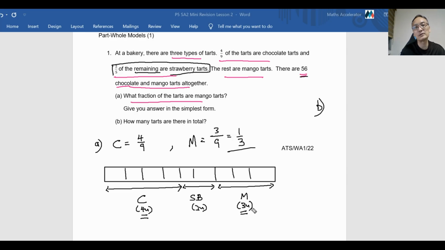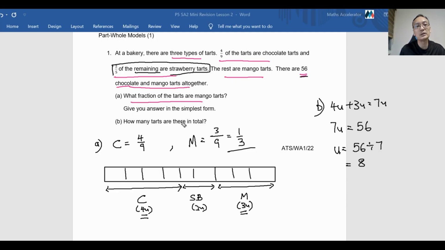Mango, there are 3 units. So 4 plus 3 will give us 7 units. And these 7 units is equal to 56. So we need to find the value of 1 unit. We take 56 divided by 7, and we will get 8.